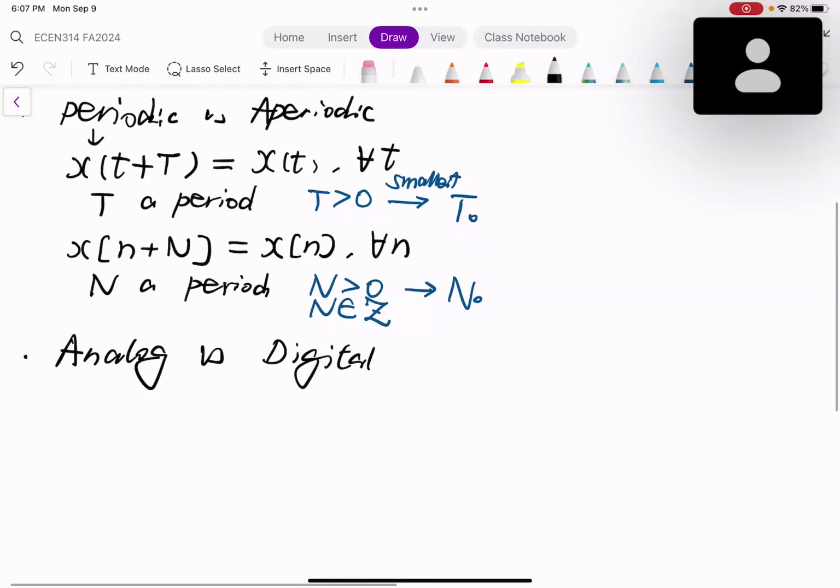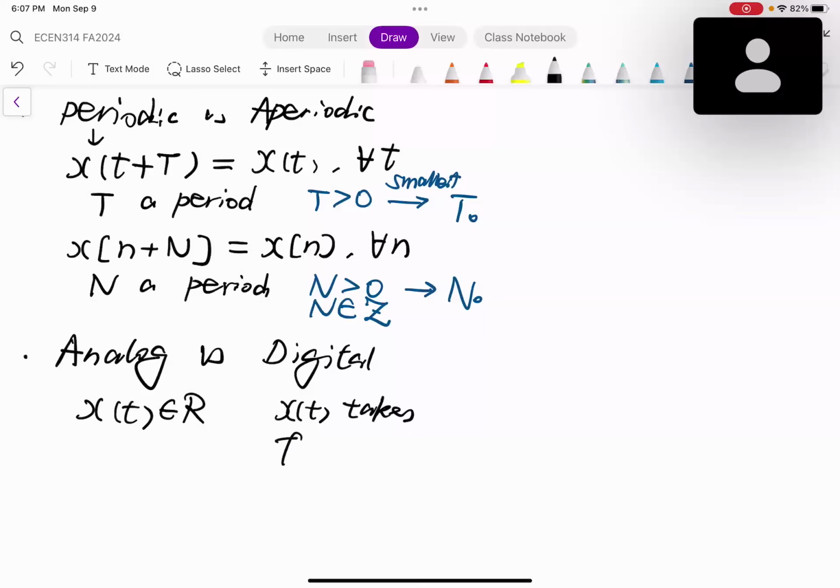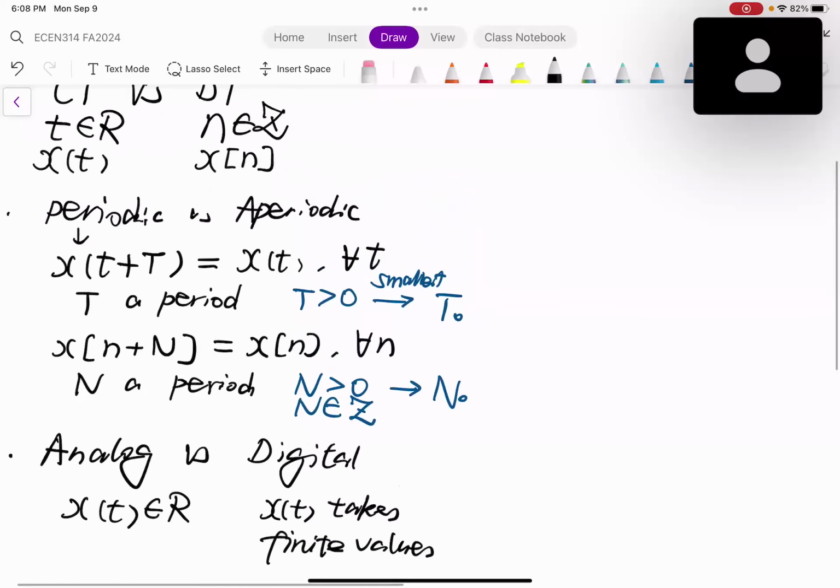We're talking about the signal itself, let's say the amplitude, okay? In the case of analog, x of t can take any continuous or infinite amount of possibilities. But in the case of digital, x of t only takes finite values, for instance, binary signals that are either 0 or 1. So this has nothing to do with the variable t. This is just x of t itself, okay? That's about the signals.